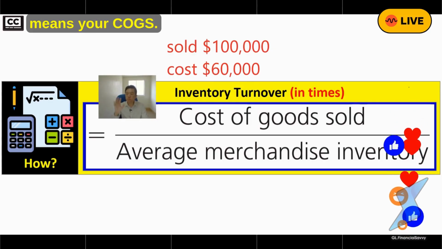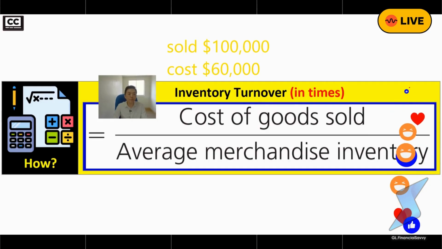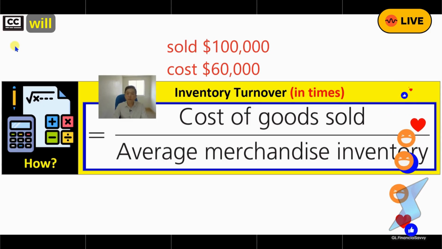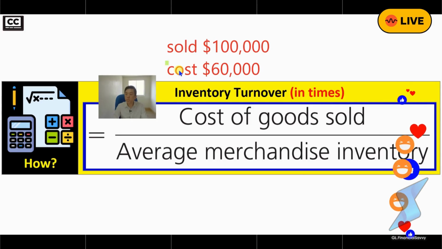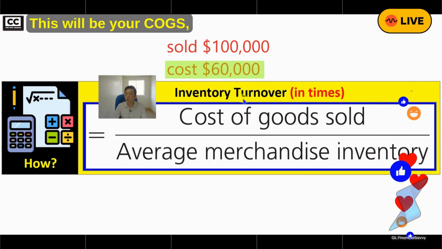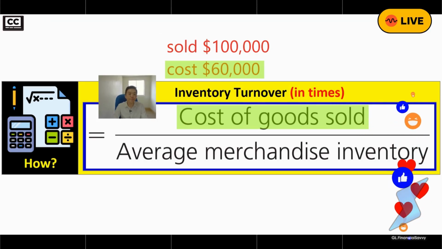So that means your COGS will be this one. This will be your COGS, cost of goods sold.